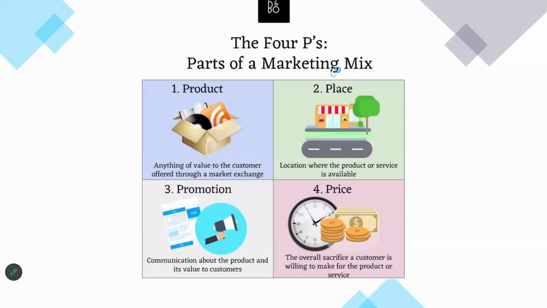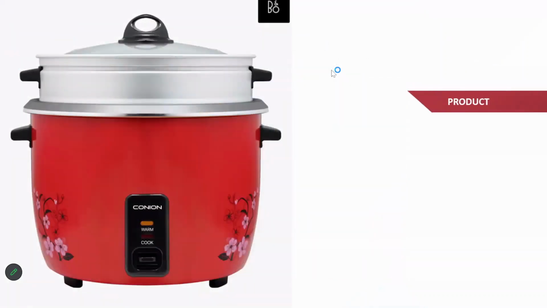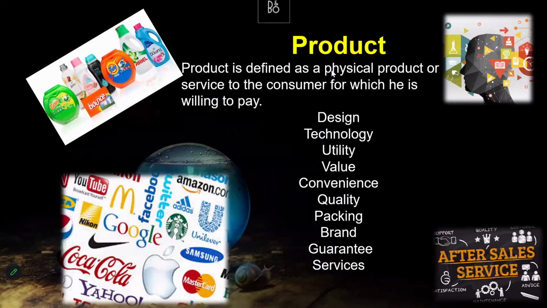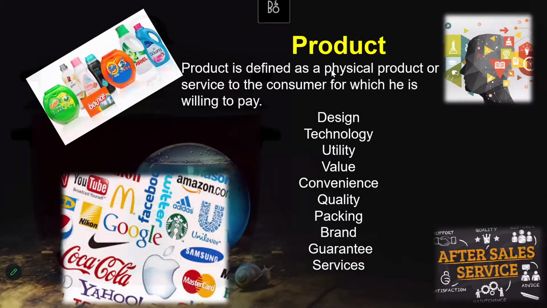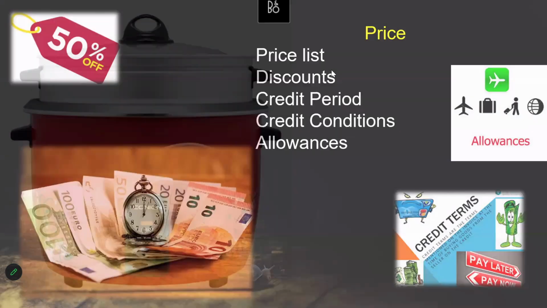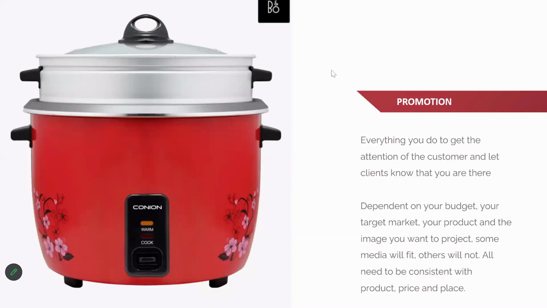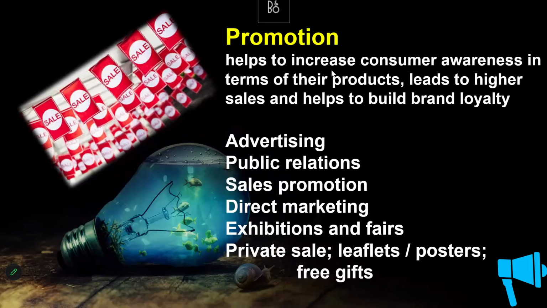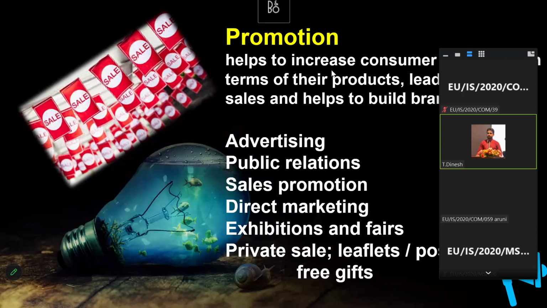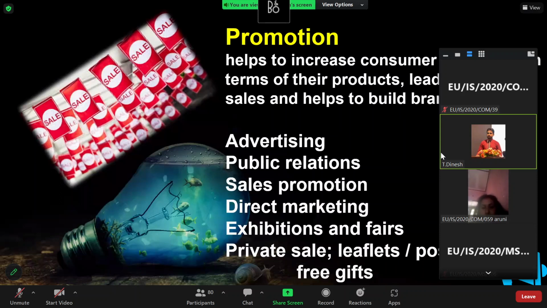I told you what comes under product, price, place, and promotion. Using this knowledge, you should be able to develop a marketing mix for a product. I will give the product, then you have to develop the marketing mix. This question normally comes every year, to check your ability to develop a marketing mix.